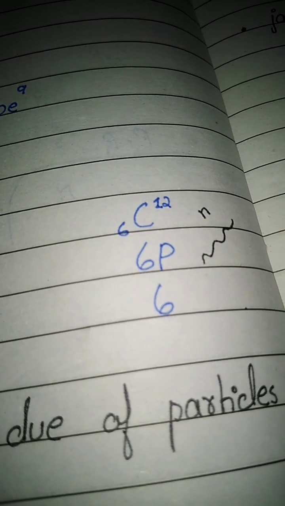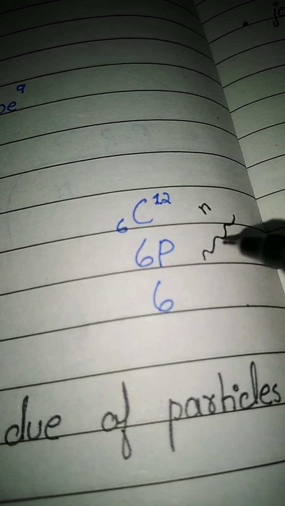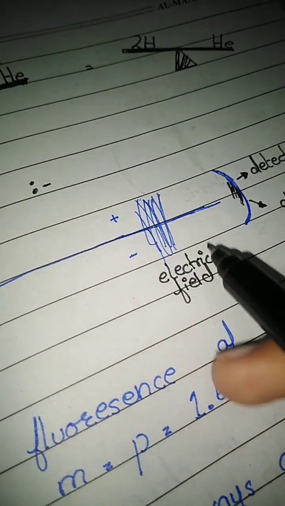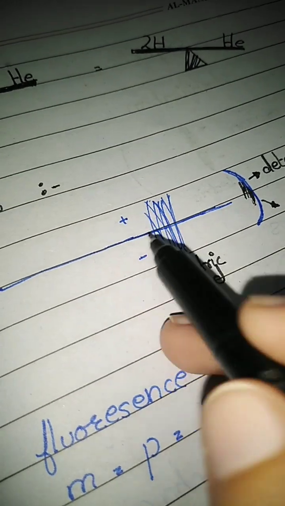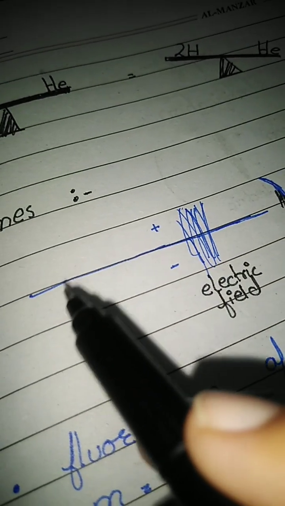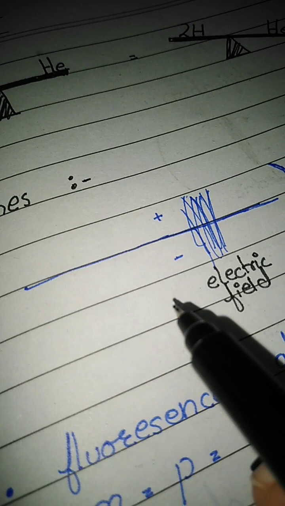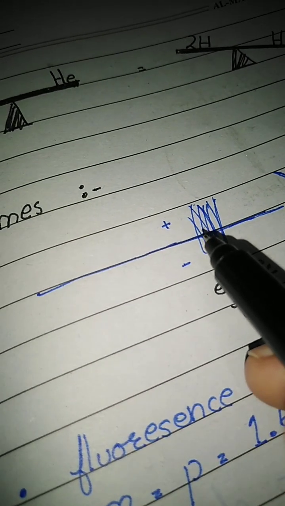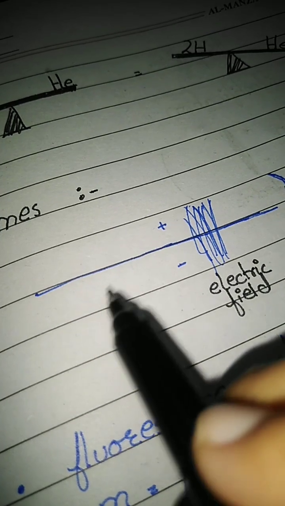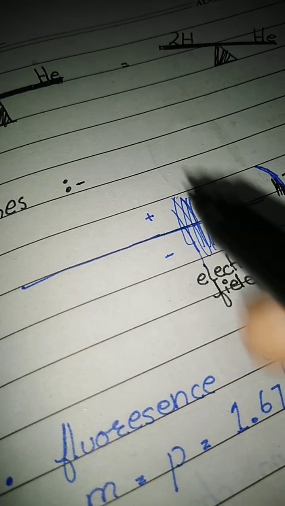Now let's see how these experiments took place. Just consider neutrons are bombarded through an electric field. Upward is the positive and downward is the negative. The positive rays bend towards the negative one, and the cathode rays bend towards the positive one.